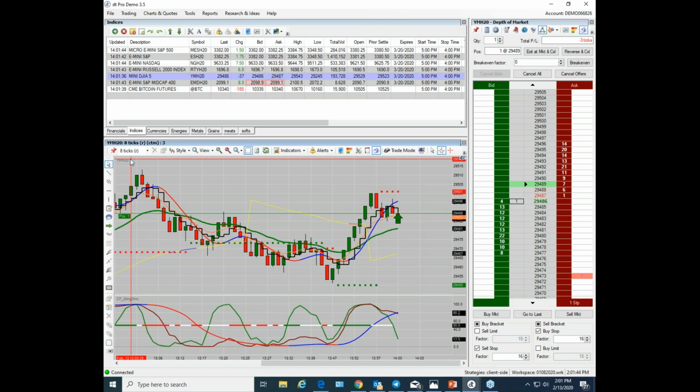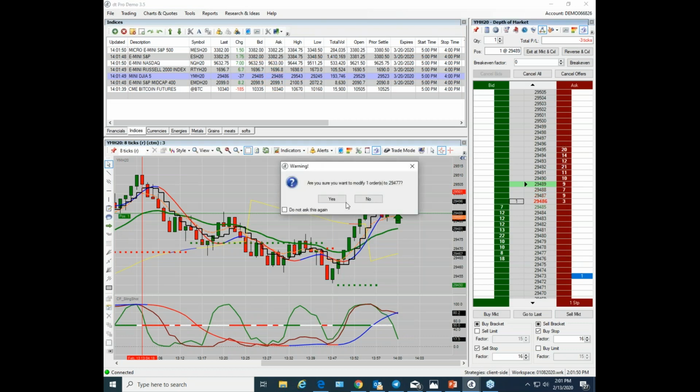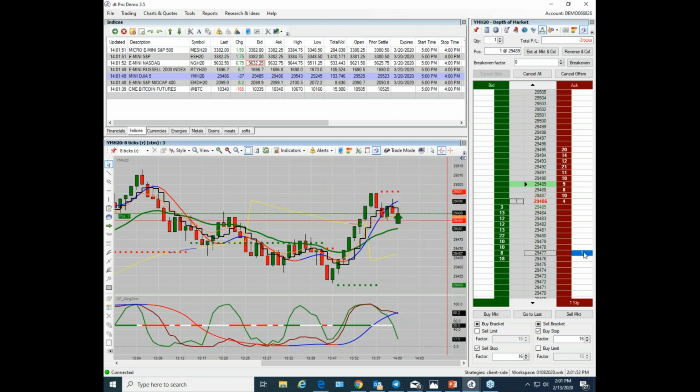The idea was to put that in slow motion, so watch me move the stop up. I'm left clicking over the 1 and dragging it up. In doing so, I'm in a way reducing my risk, right?